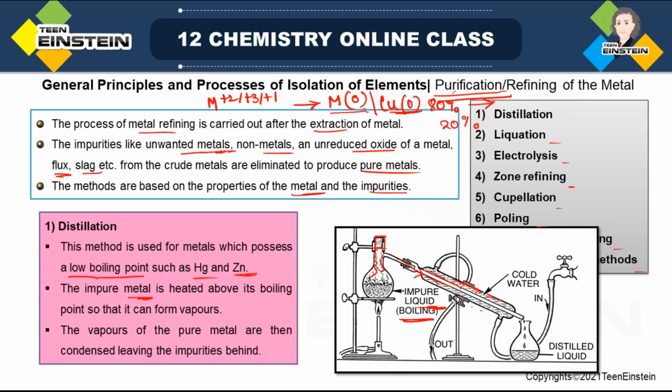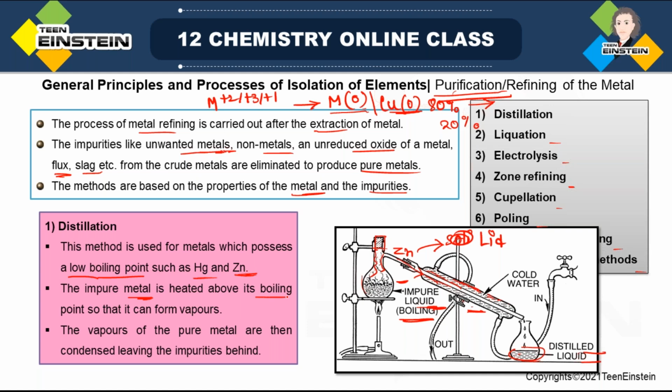Cold water is supplied means the temperature in this zone is obviously lower than inside, where it is boiling. So the zinc vapor that we are getting will now be in contact with cold water. So from vapor form it will be converted to liquid form. Now this liquid will be stored here. So in this case we are getting distilled pure metal liquid.